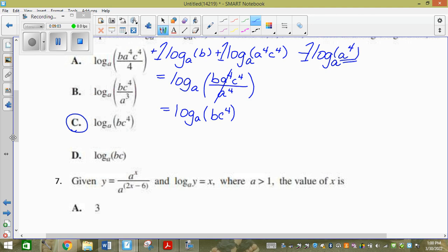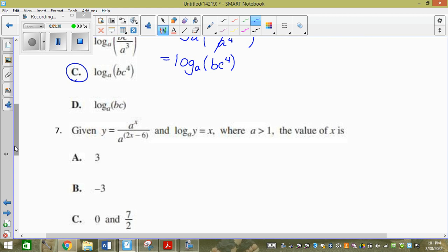Okay, 7 says, given this, and log base a of y equals x, where a is greater than 1, the value of x is what? I don't know. I do see here something. I see that this is base A and this is base A, so how can I put them together? When you have the same base, and you divide, you just subtract them.